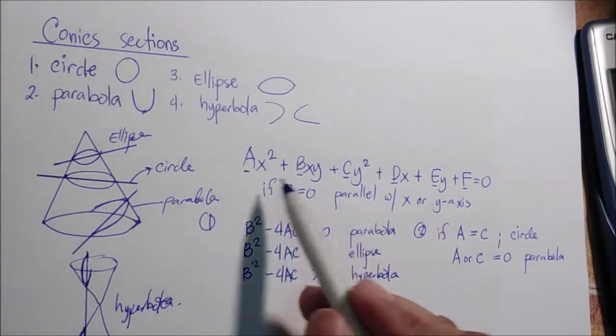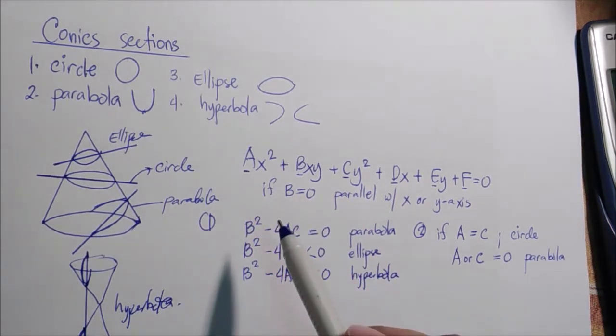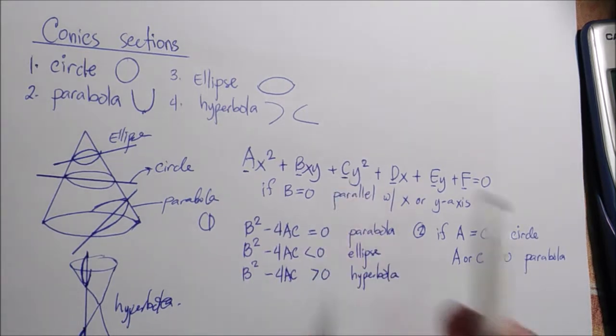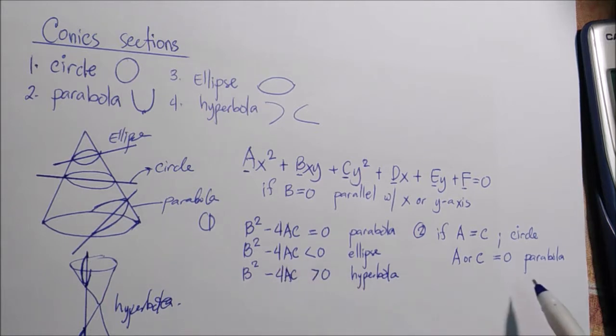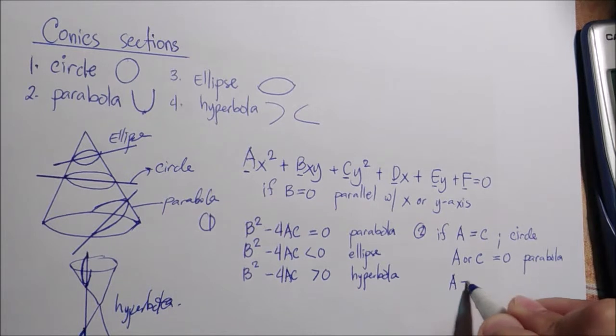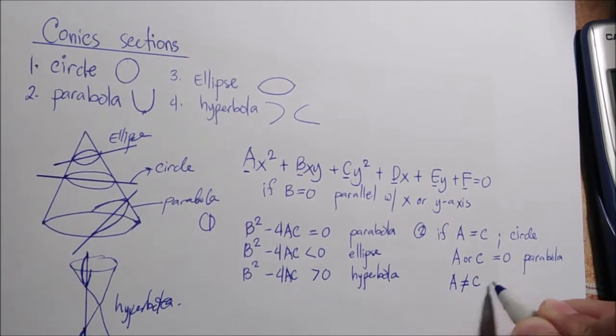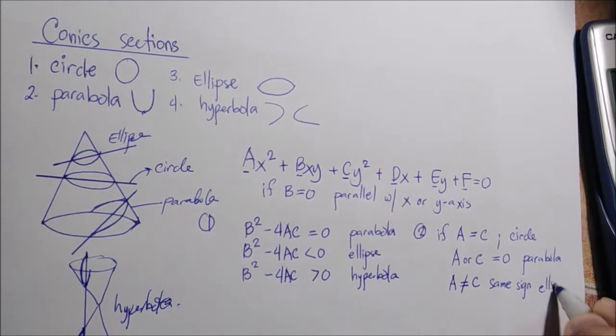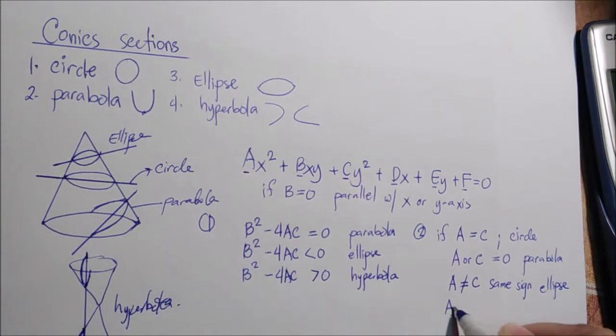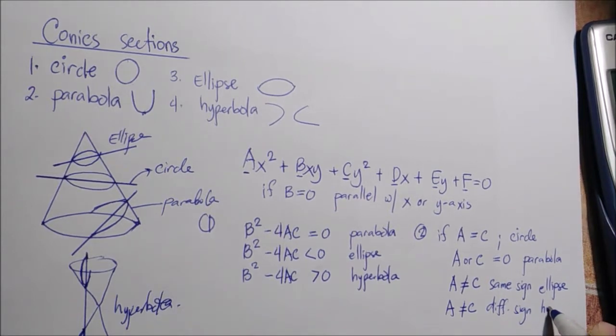A or c means only a is given and c is not there, or c is there and a is not present in the equation. If a is not equal to c but they have the same sign, this is an ellipse. If a is not equal to c and they are different in sign, then this is a hyperbola.